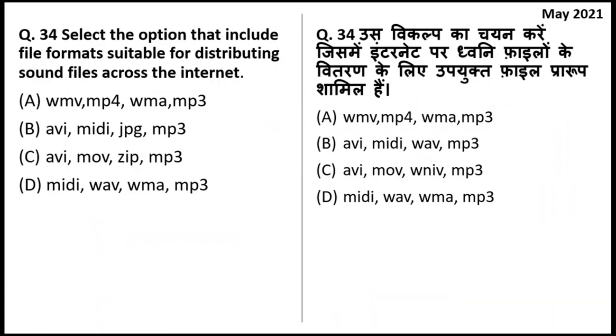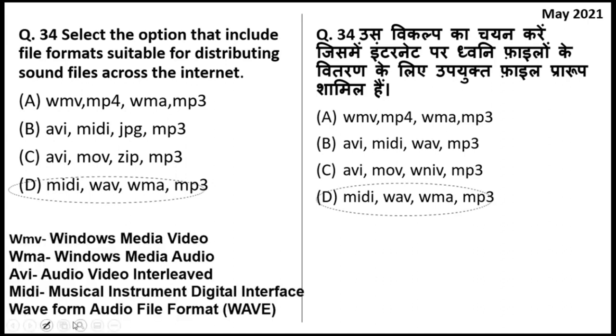Select the option that includes file formats suitable for distributing sound files across the internet. So for transferring sound files, we have different file formats. We have already discussed image, video, audios, and text or program files. But for sound files, we use option D. WMV is Windows Media Video.